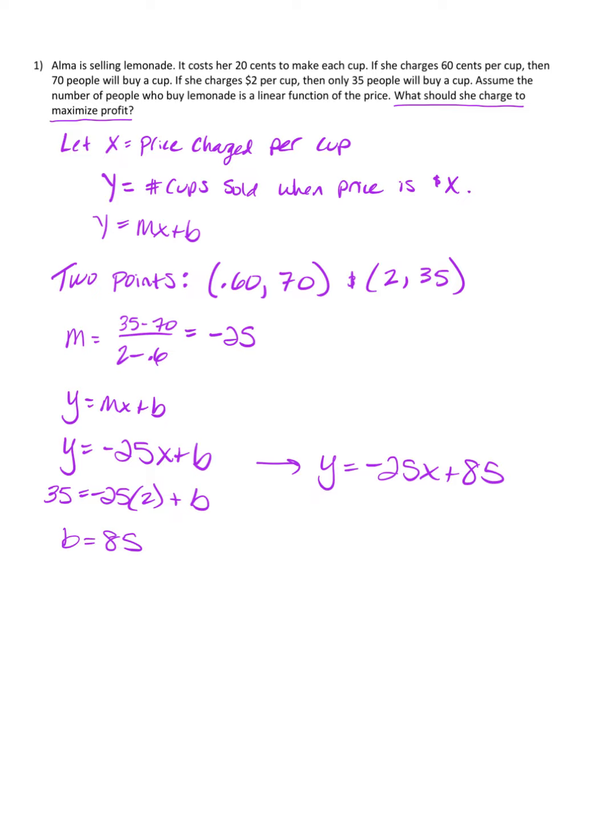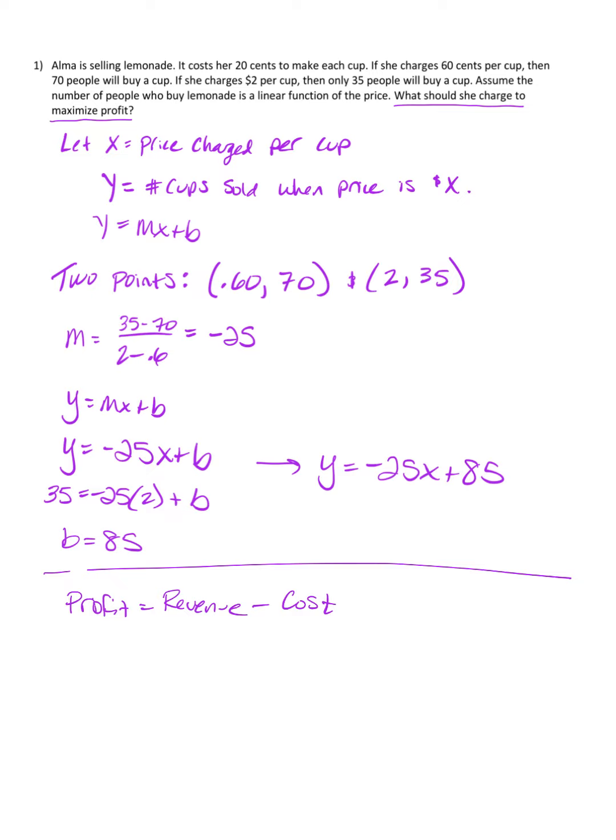Now they asked us to maximize profit, so I need to write an equation for profit. In general, profit is calculated by doing revenue minus cost. Revenue is the amount of money that comes in to the business.